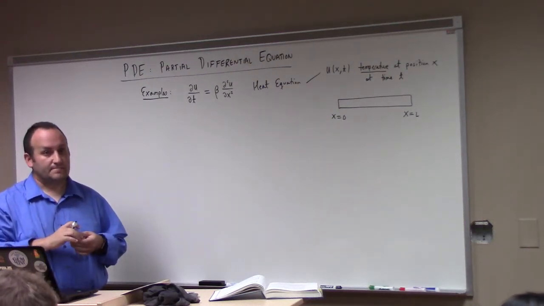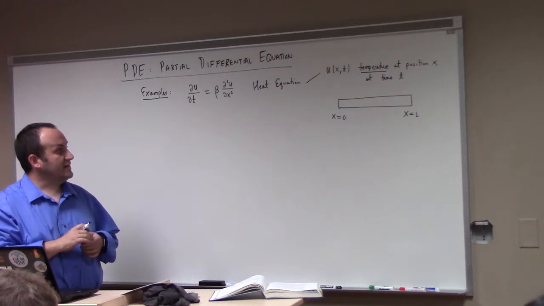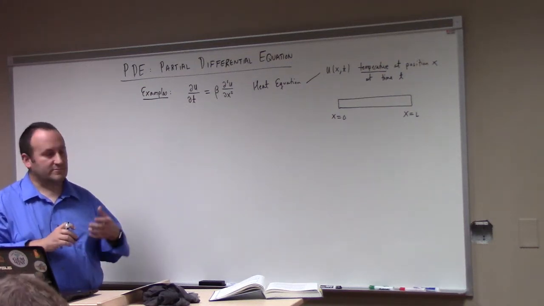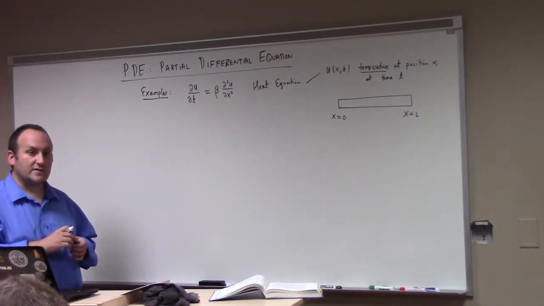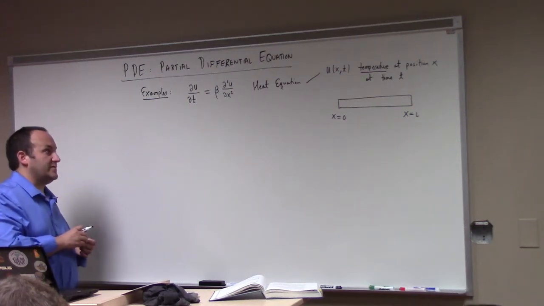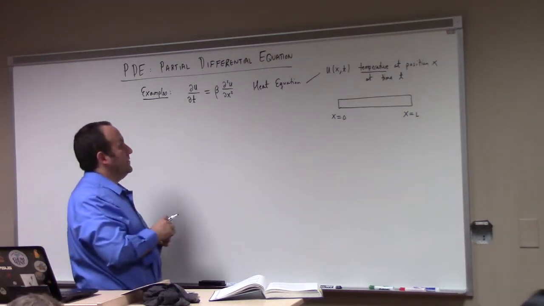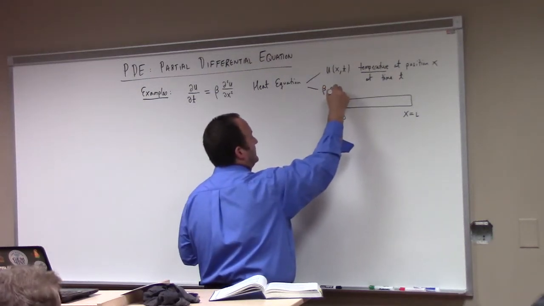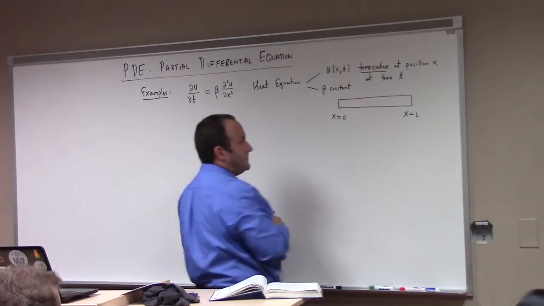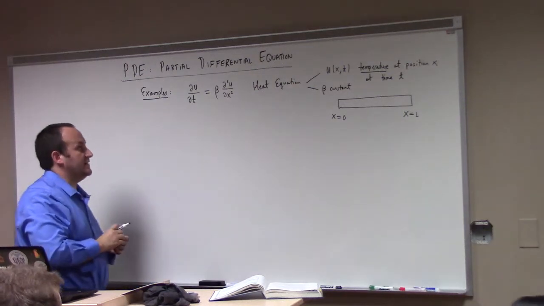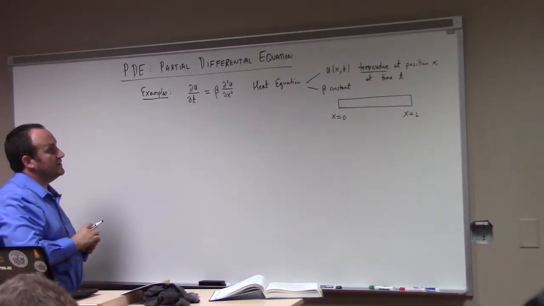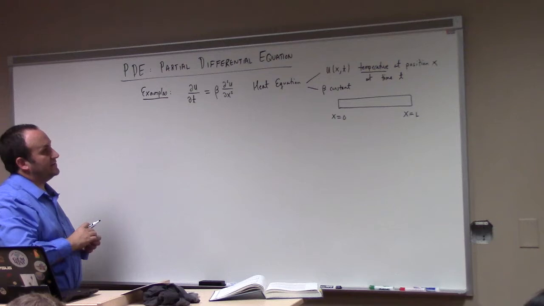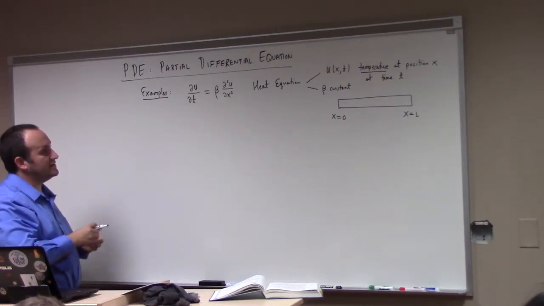So we'll solve the heat equation subject to various boundary conditions is one of the problems we're going to solve here. Now beta is just a constant, which describes the particular thermal conductivity of the problem. This is an example of a diffusion equation, the diffusion of heat through the rod.